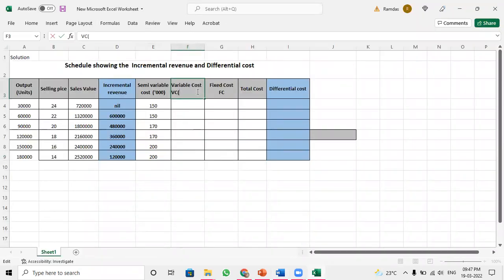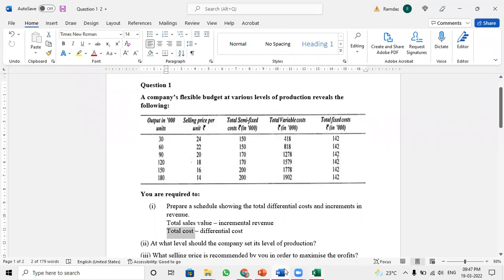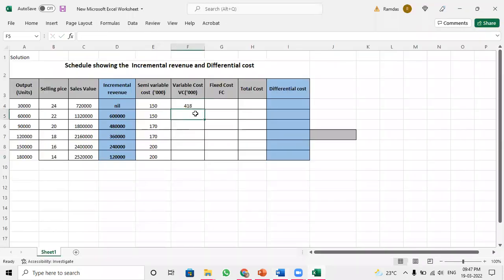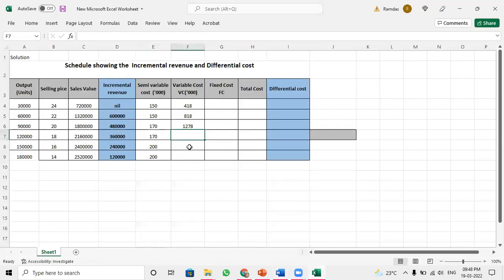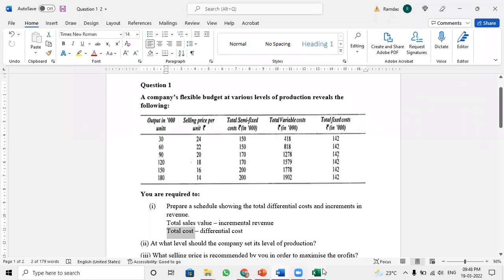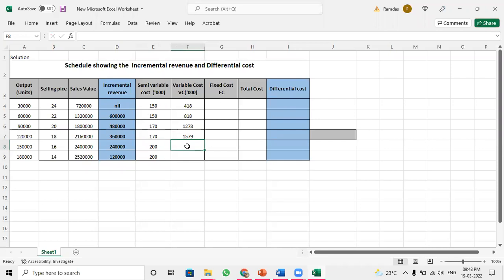So this is 480, next we have 880, 1,278, 1,579, 1,778, and 1,902.